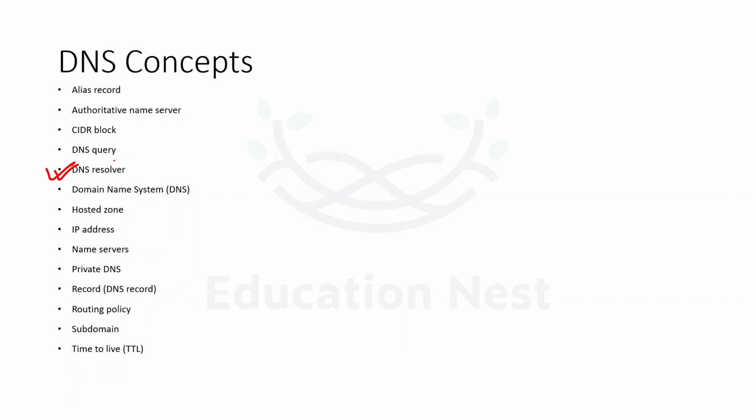It acts as an intermediary between the user request and the domain name server. When you open a browser and enter the domain name in the address bar, your query first goes to the DNS resolver. The resolver first checks the cache. If it is not available, then it communicates with the root server, authoritative server and the name servers.